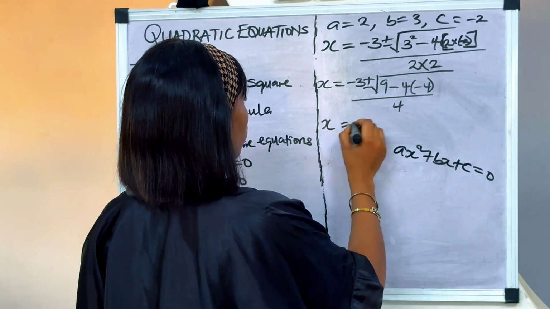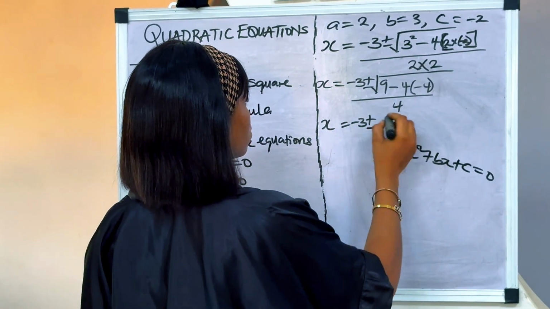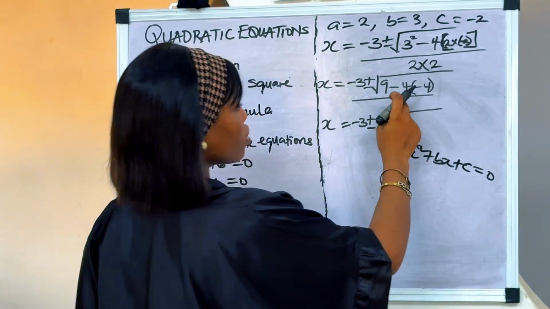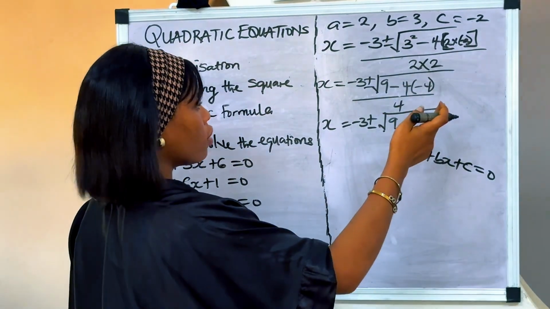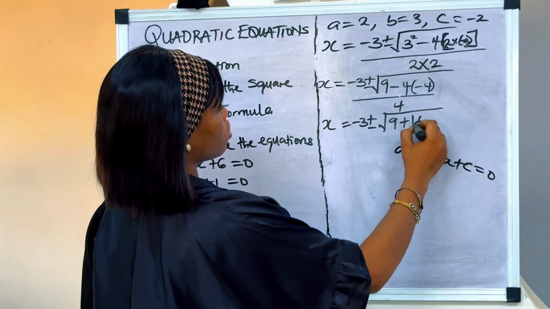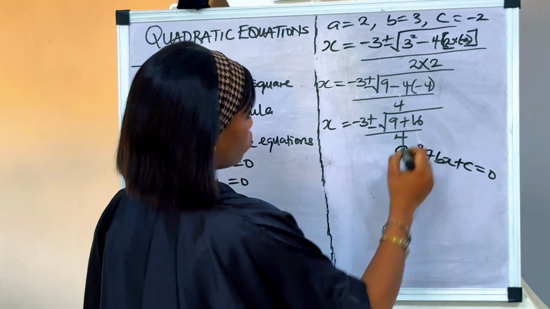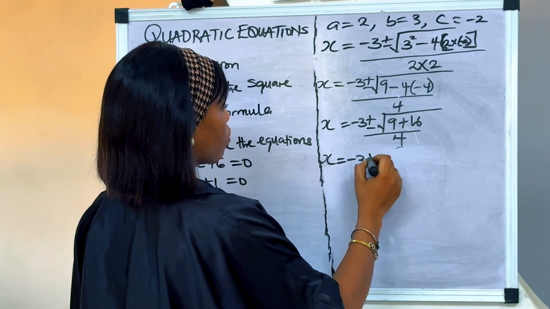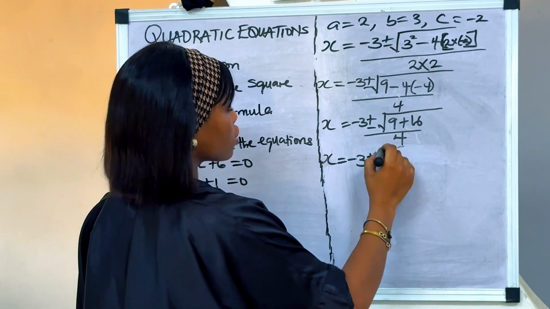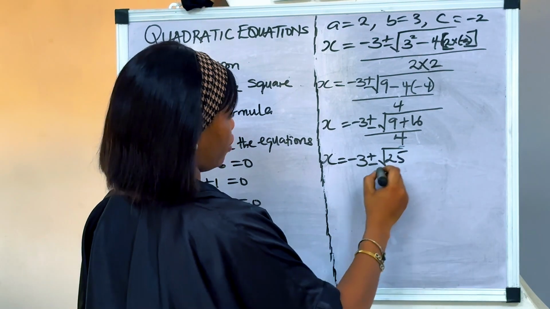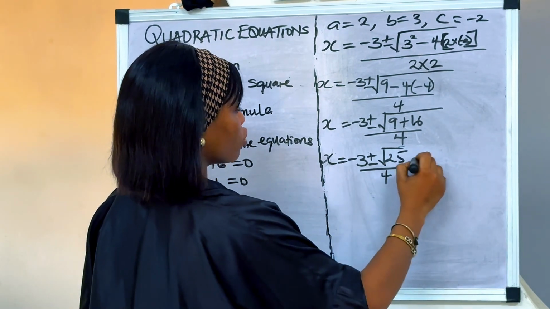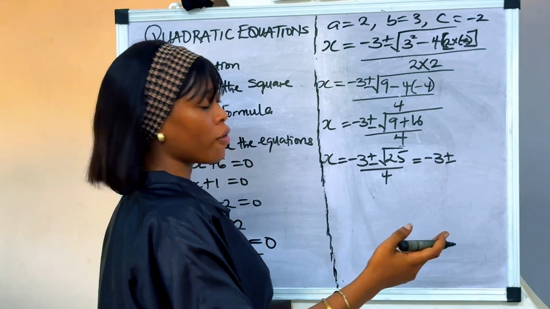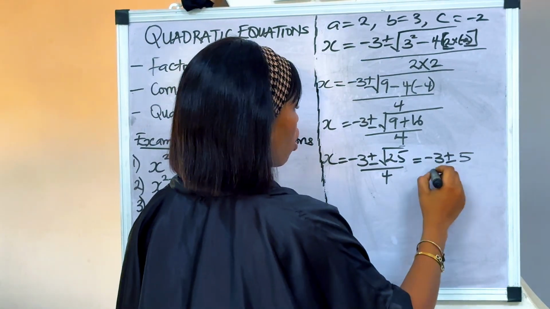We have x equals minus 3 plus or minus root of 9 minus 4 times minus 4, that is plus 16, all over 4. From here we have 9 plus 16 gives us 25, all over 4, which is equal to minus 3 plus or minus the root of 25, which is 5, all over 4.